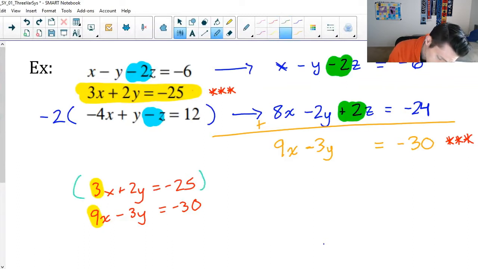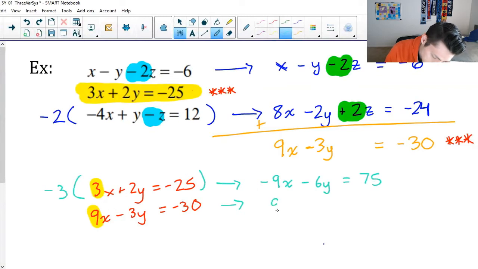So I'm going to take this first equation, multiply it by negative 3. So negative 9x minus 6y equals 75. And this second equation I'll just keep the same. 9x minus 3y equals negative 30.